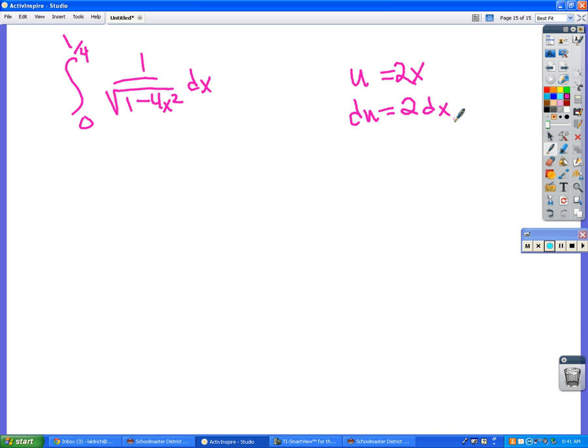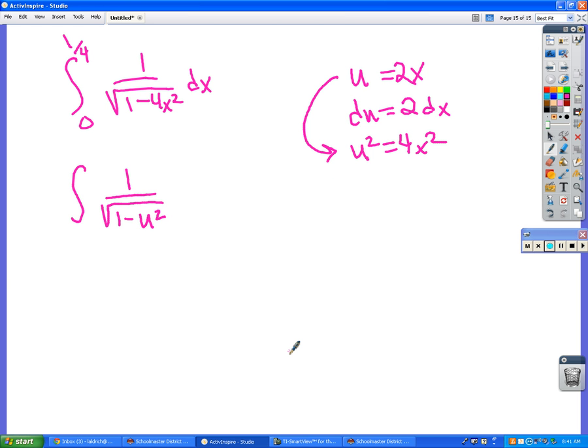But conveniently, u squared equals 4x squared. So now I can rewrite this as 1 over the square root of 1 minus u squared, because if u is 2x, then u squared is 4x squared.